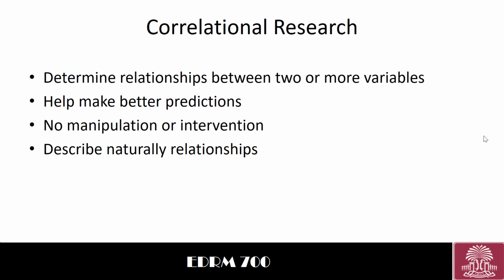She or he needs to collect all kinds of information on children that may be related to math achievement, such as gender, study habits, socioeconomic status, and class environment. Then she or he examines the data to see if any relationships exist.